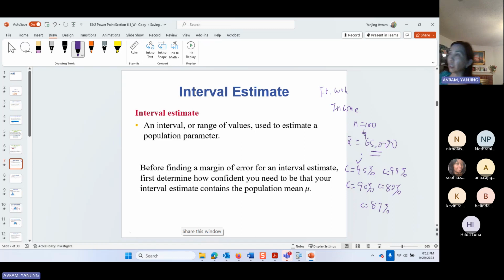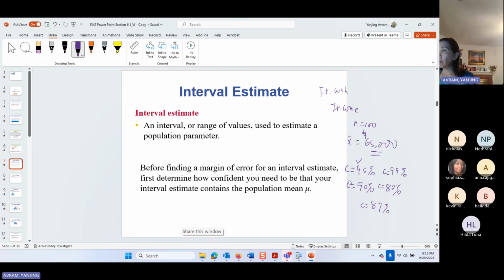Since my sample of 100 is not too big, not too small, I'm going to say I might have about 95% confidence. So what does 95% confident mean? That means I might have a 5% error in this case, because I'm not 100% confident that the population mean will be exactly 65,000.